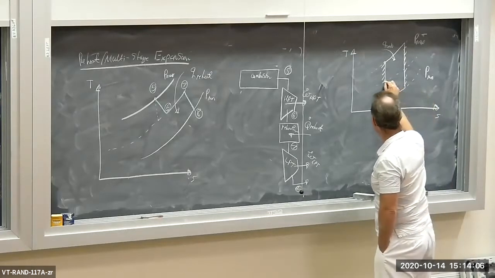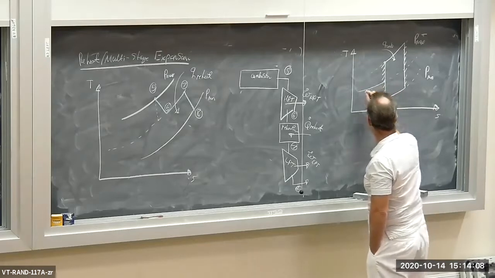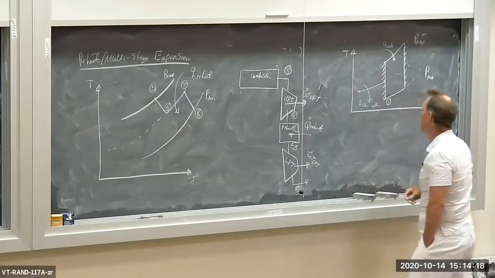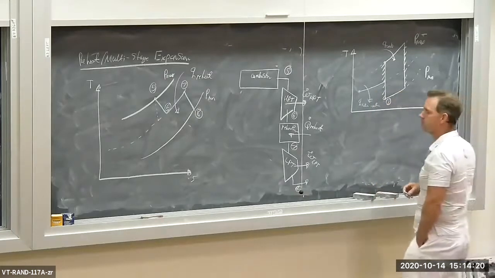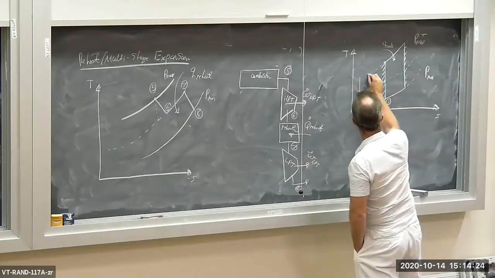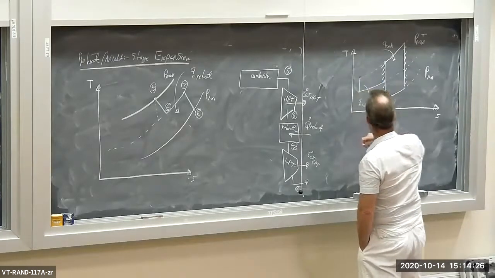Then I'm going to reject heat. So this is Q intercooler. Going to reject heat. Now I'm going to compress all the way up to my Pmax isobar.